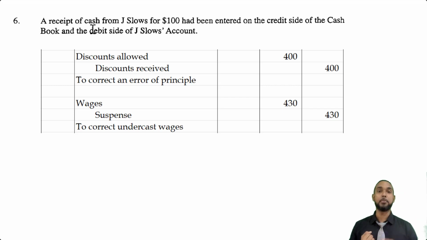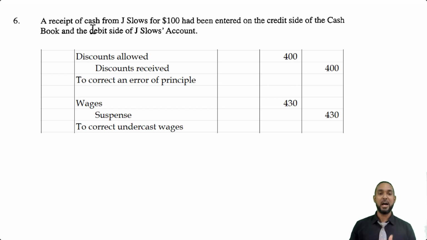One, to put in the amount that should have been put in initially, and two, to remove a credit that was put in that should not have been put in. And we're going to credit Slows again twice. Once to put in the credit that should have been put in Slows account, and two, to counterbalance or remove the debit that should not have been put in.